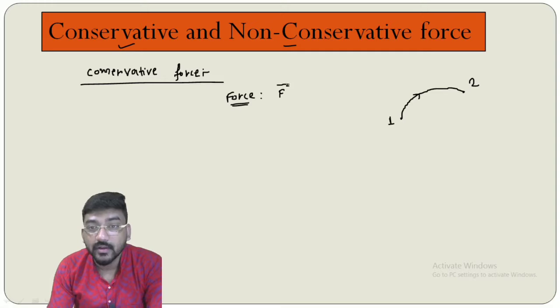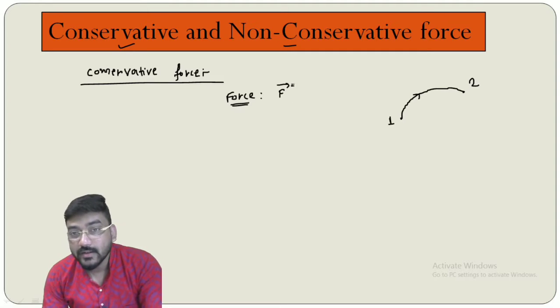Let me denote the force as a vector. Under this force, a particle is moving from one point to point number 2, and the work done by this force F, let me say, is W1 for this case.